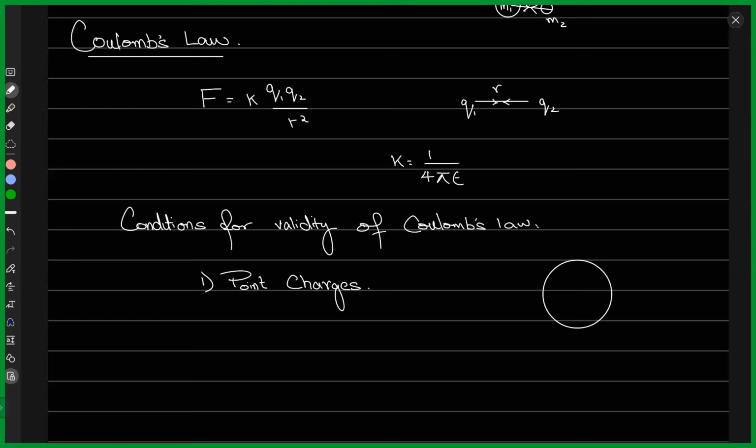But you have to make sure that these two bodies, between which there's this electric force, are at a very large distance from each other. And that makes sense, right? Why does that make sense?